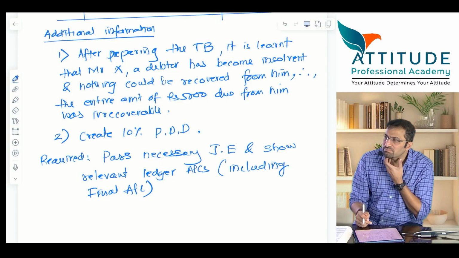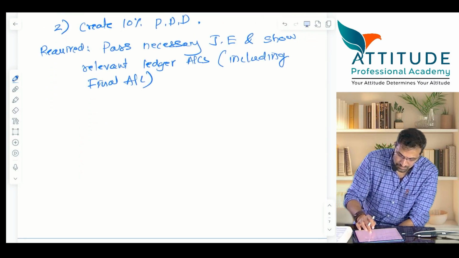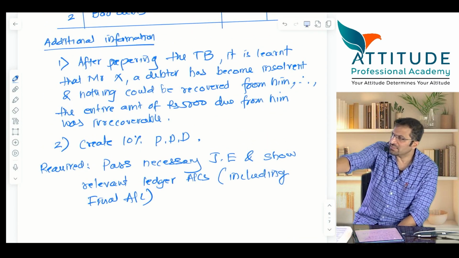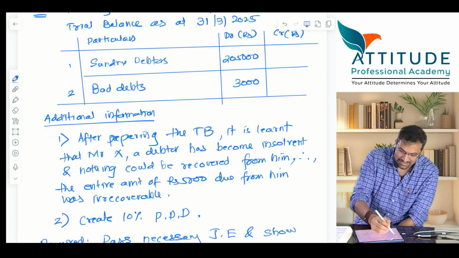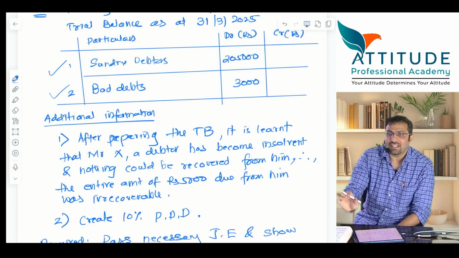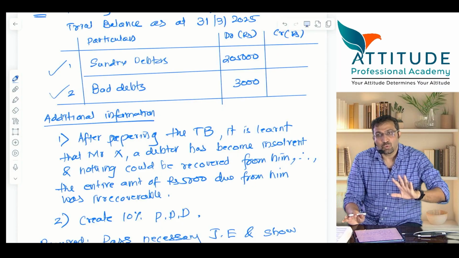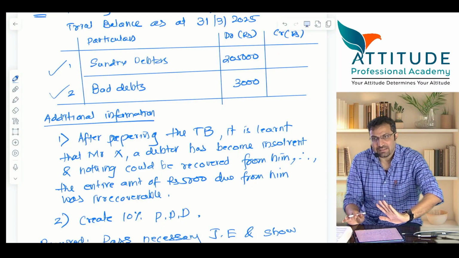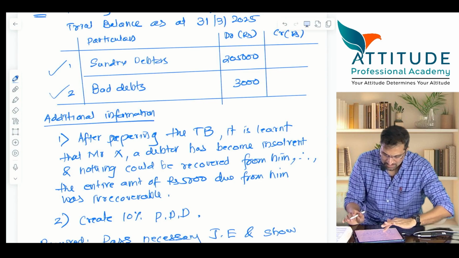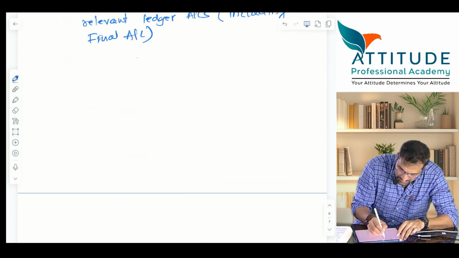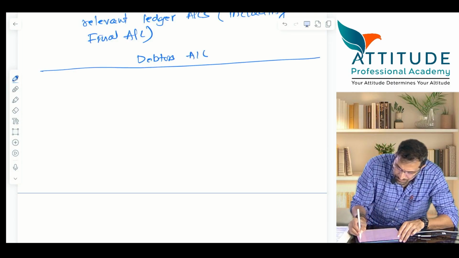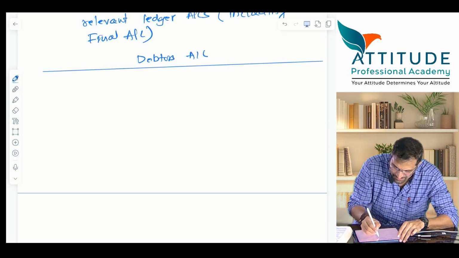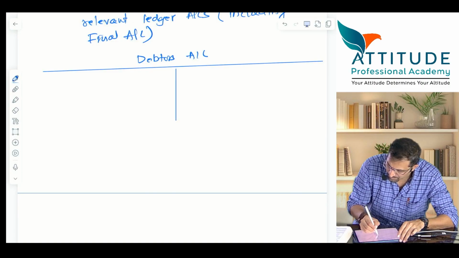Now, have you all copied the question, guys? Okay. There is a debtors account and a bad debts account. And for debtors and bad debts, there is already a balance. We have to make adjustments on top of that, because additional information is also given. So look at the way I open it first. Debtors account. First I'll open what account? Debtors account. Hardly 4 lines, 3 lines. Not more than that. Take the total. Okay.